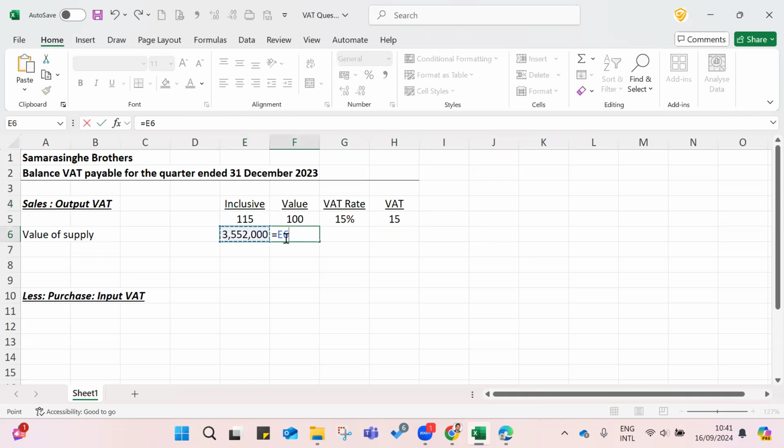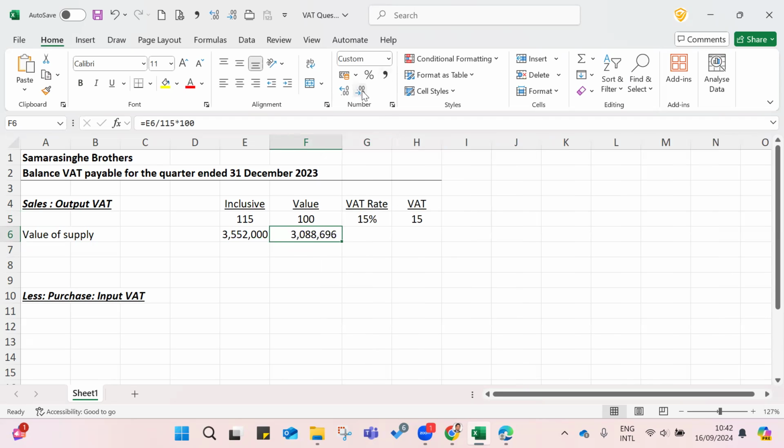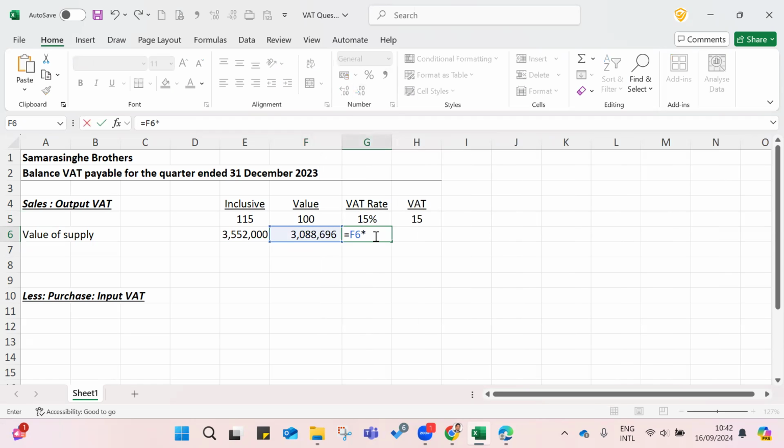Then what you need to do, in order to get 100, is divide it by 115 multiplied by 100. Then you will get this figure, right? Then, in order to get the VAT component, the applicable VAT rate for this section is 15%.